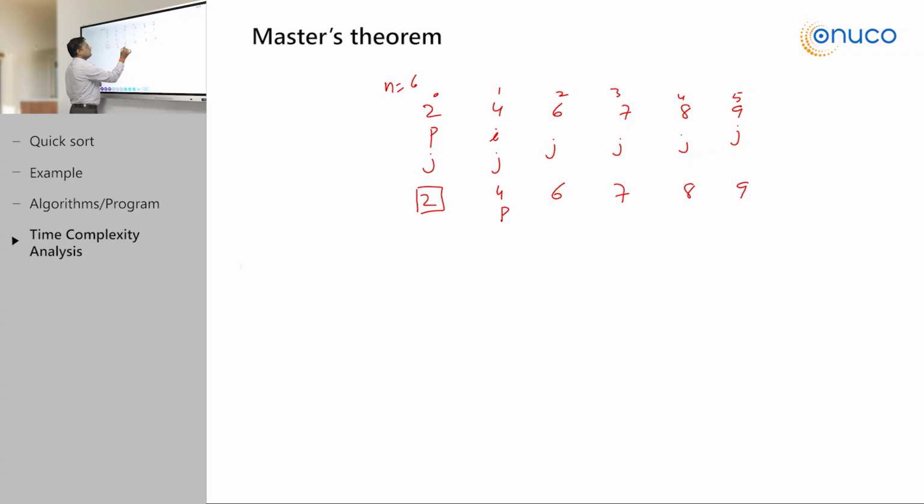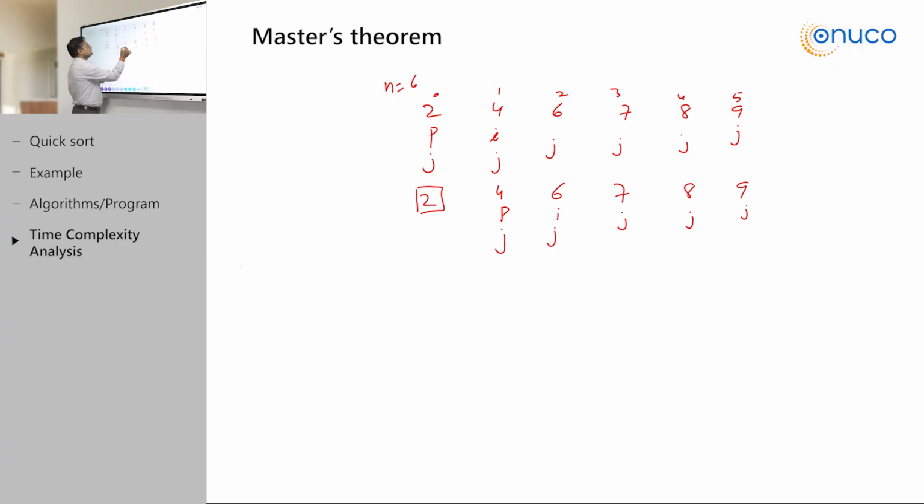Let us see, this is P, I, J. What is the condition? If A of I is lesser than the pivot, then I will increase. Is 6 lesser than the pivot? No. So I will not increase. Go to the other side, J. Is 9 greater than 4? Yes. Is 8 greater than 4? Yes. Is 7 greater than 4? Yes. Is 6 greater than 4? Yes. Is 4 greater than 4? No. Stop.